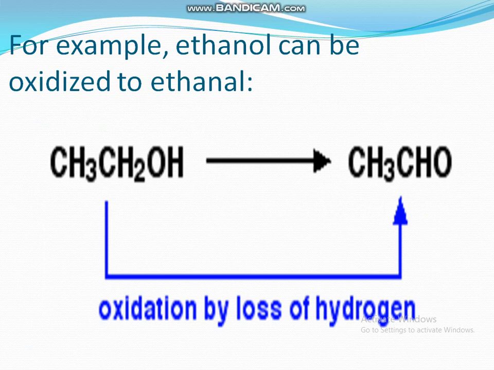You can see clearly in this equation CH3CH2OH, that is ethanol, is converted into CH3CHO, that is ethanal, and you can see in this reaction that oxidation occurs by loss of hydrogen. In ethanol there is an extra hydrogen that is not present in ethanal, so we can say that this is an oxidation reaction. Why is it an oxidation reaction? Because loss of hydrogen occurs.